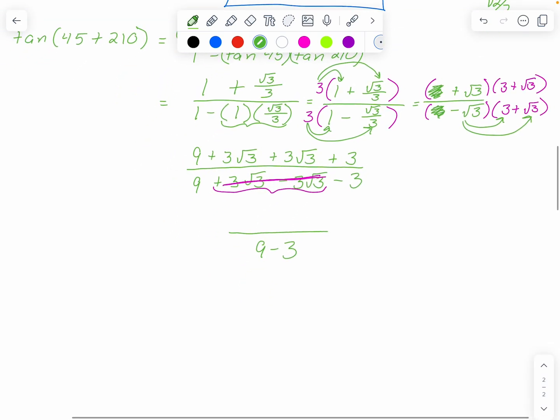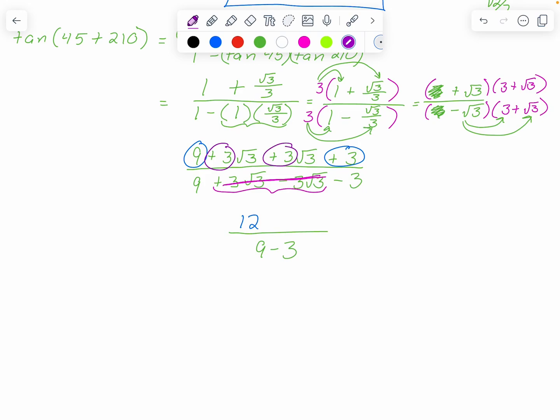So we can go ahead and combine the constants. So we've got 9 plus 3 gives us 12. And then we also have the 3's in front of the square root of 3 that we can combine. So 3 plus 3 is 6, so that gives us 6 square root of 3.